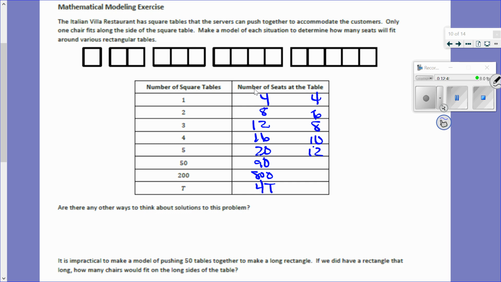Kaden? 4, 6, 8, 10, 12, 102, 402. And then 4 for the 14. So the same 14. Kale? So it's 4, 8, 4, 8, 12.